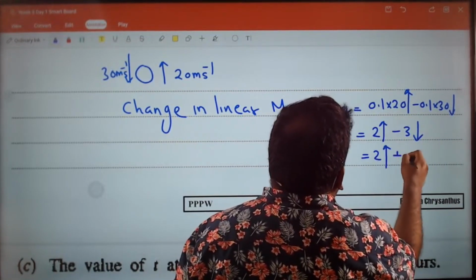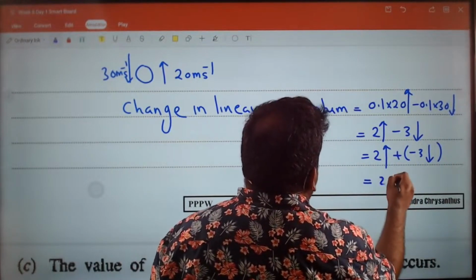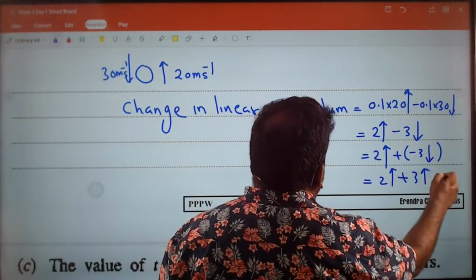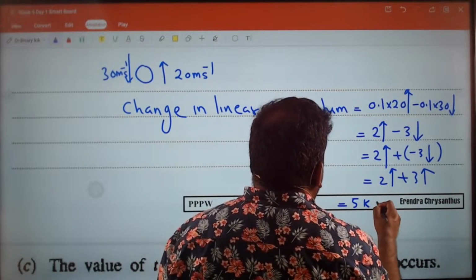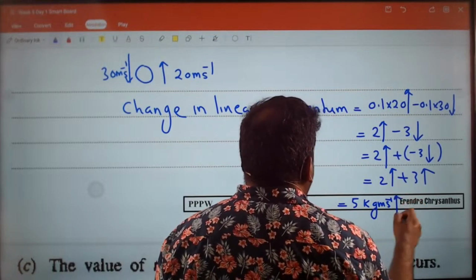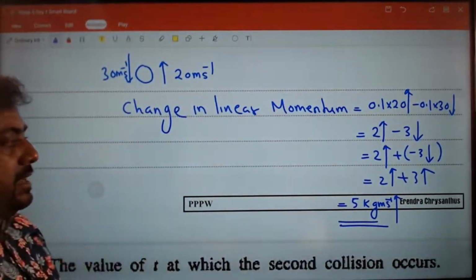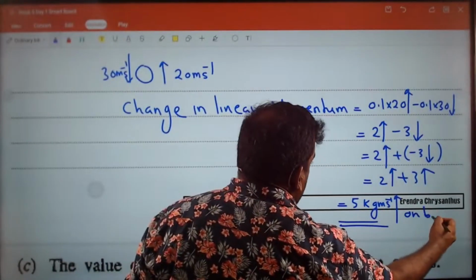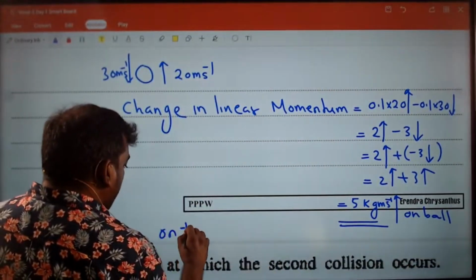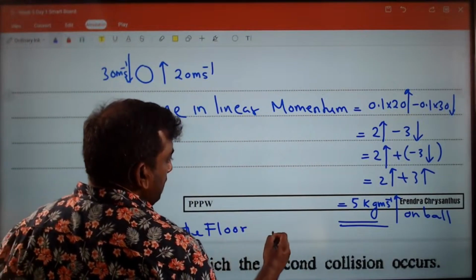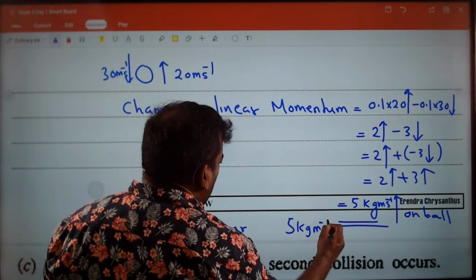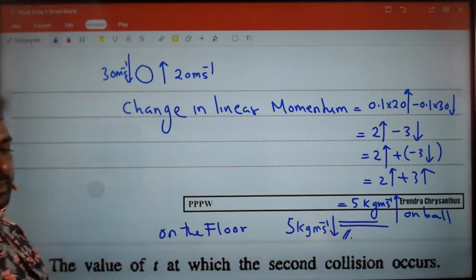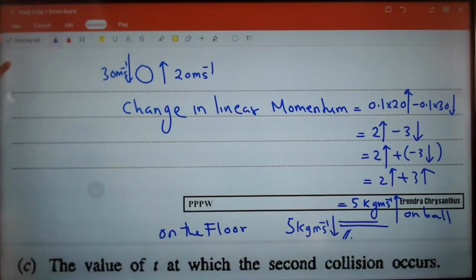Bring all vectors in the same direction. Multiply a vector by a negative and the direction changes. So 5 kg m s minus 1 on the ball. On the floor, the momentum change is 5 kg m s minus 1 downwards.